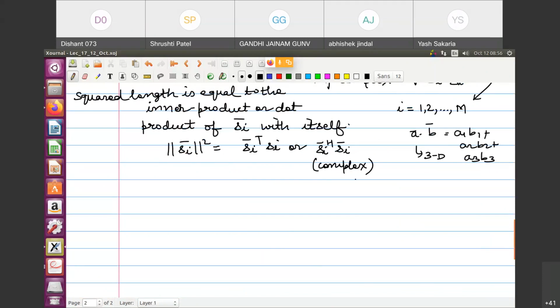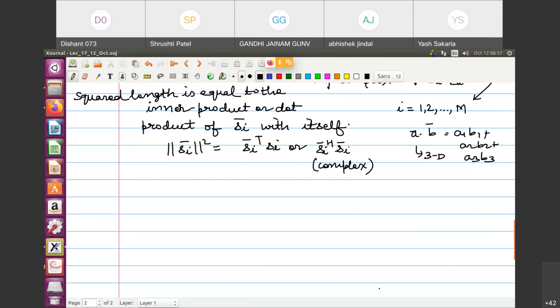Now let us relate it to the energy. This is important because if we are developing an analogy between the standard Euclidean space and the Euclidean space of signals, we must have the corresponding quantities as well. If energy is a concept of a signal, how does it appear in this vector space?